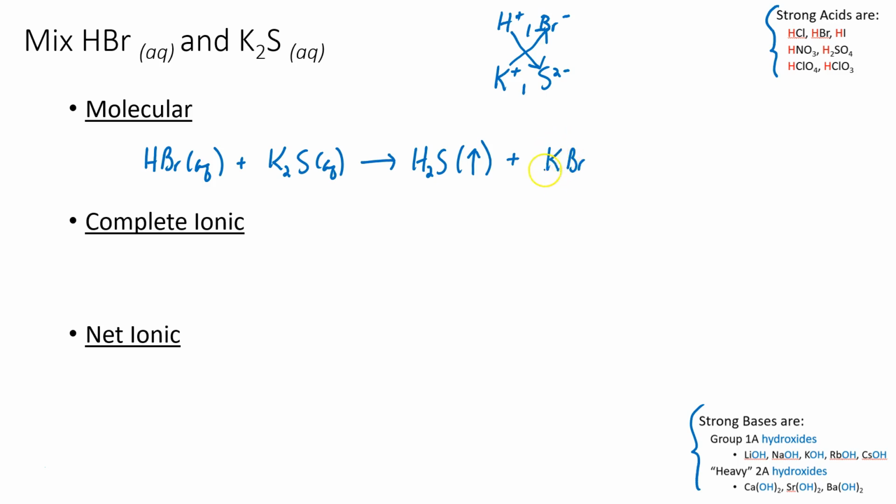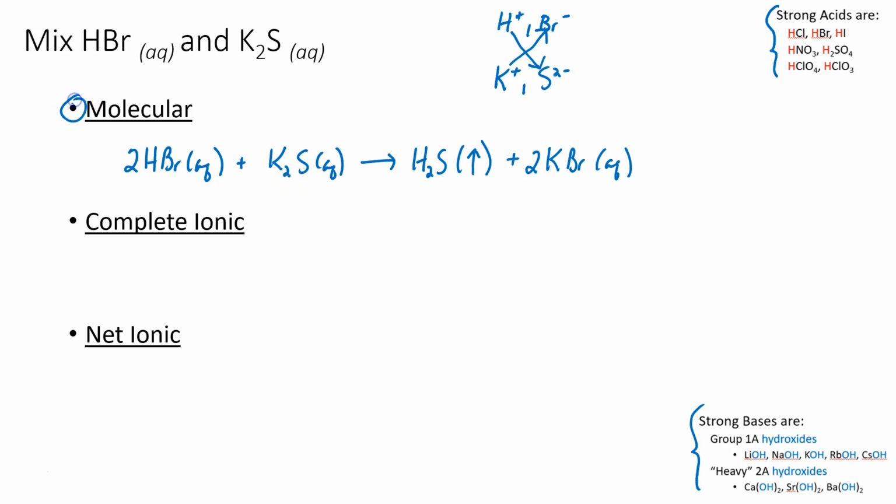All group 1A salts are soluble. That'll be aqueous. I think we need to balance this. I'm seeing 2 hydrogens on the right. I'll put a 2 on the left. And now I've changed the bromide, so I'll put a 2 here. And I think the equation is balanced now.